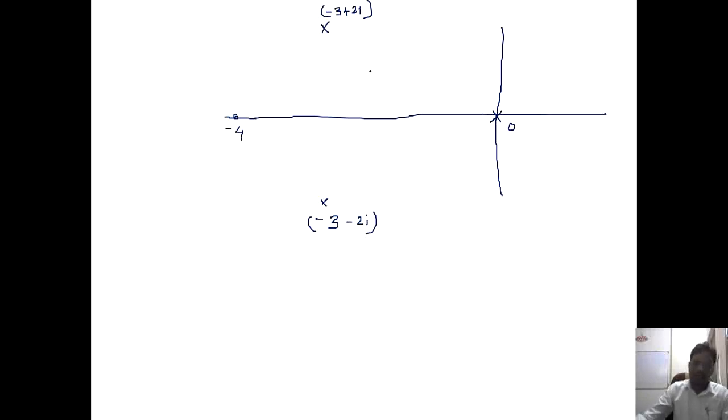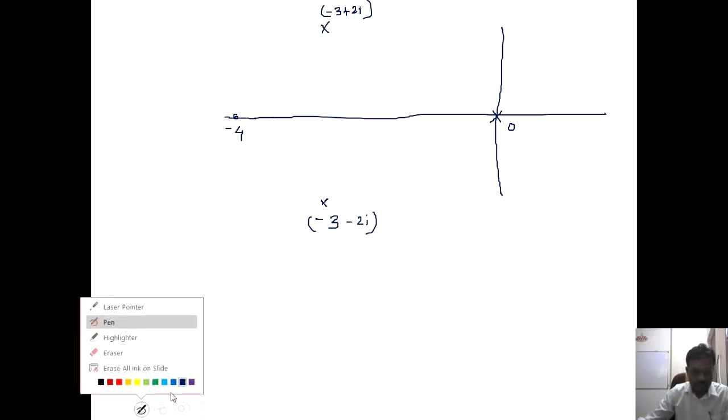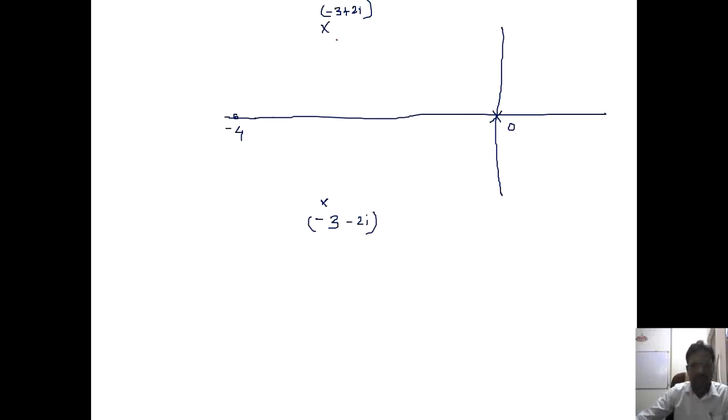Okay, now the first step to calculate the angle of departure is to fix the point where you need to calculate the complex angle of departure. Suppose we have decided to calculate the angle of departure at this pole. So from that pole, connect all the remaining poles and zeros by a straight line, like this. Again this one and this one.